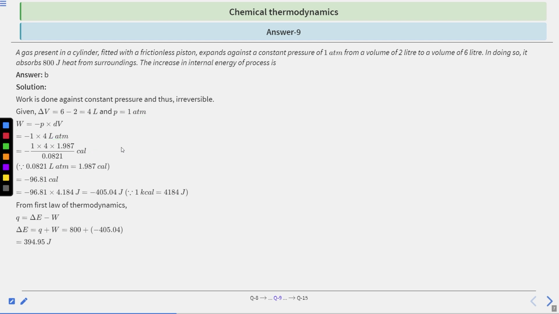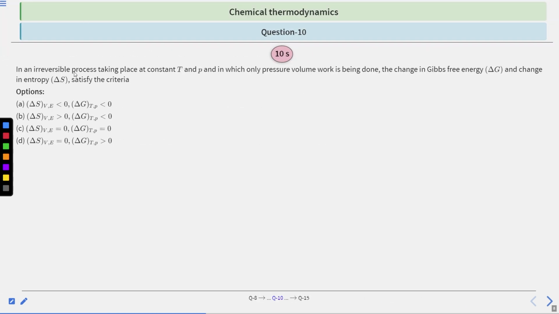Okay, let's move on to the next question. Question number 10. In an irreversible process taking place at constant T and P, and in which only pressure-volume work is being done, the change in Gibbs free energy and change in entropy satisfy the criteria. So we have to find out the change in entropy and the change in Gibbs free energy.